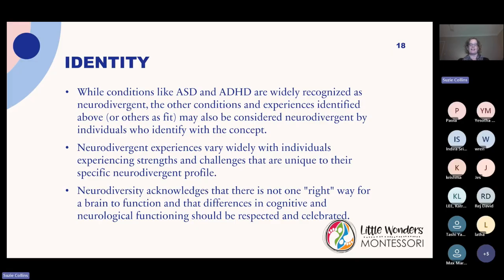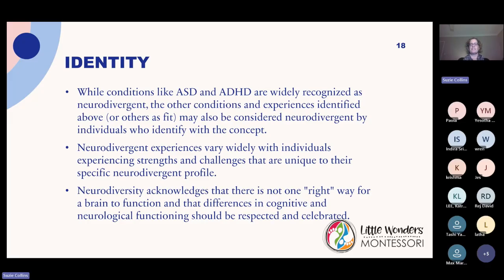Neurodivergent experiences actually vary quite widely between different individuals because every person has strengths and challenges that are just unique to their specific profile. And neurodiversity also acknowledges that there's not one right way for a brain to function, and that differences in our cognitive or neurological functioning should be respected and actually celebrated.